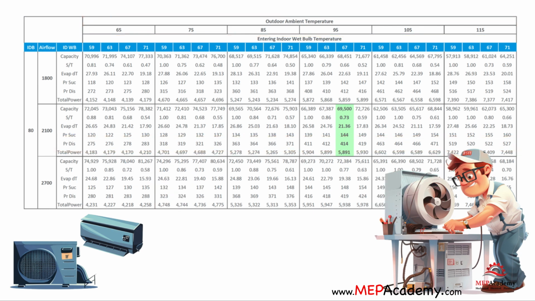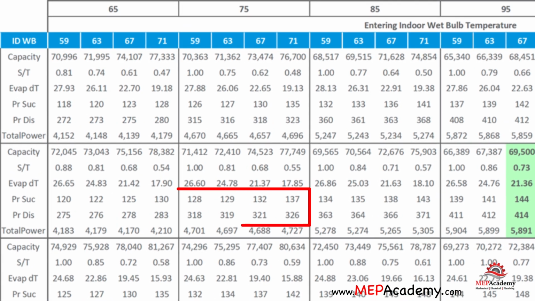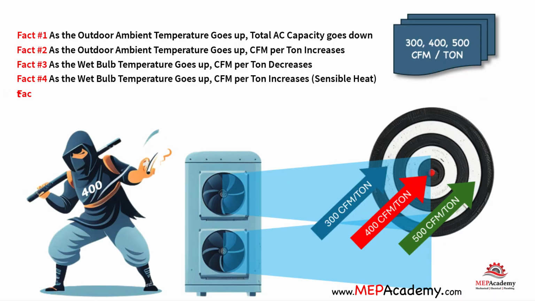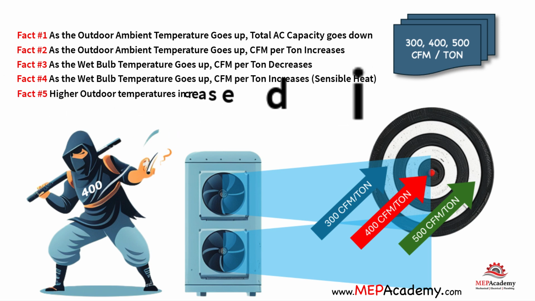Also note that the higher the moisture content, or the wet bulb temperature, the greater the system pressure. The hotter it gets outside, the higher the system pressure. As the high side pressure goes up, the low side pressure follows. Fact number 5. Higher outdoor temperatures increase discharge and suction pressures.